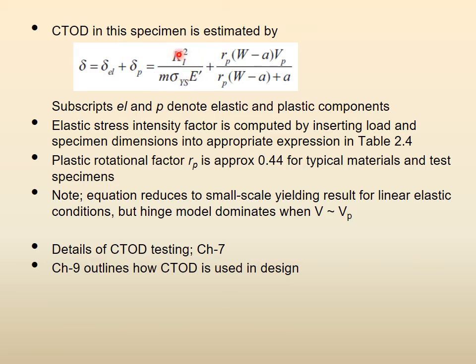So this equation, because we already have it, is the elastic portion, and the plastic portion is from here, where V is not the total V, it is only the V plastic. So r plastic, V plastic, W minus a, and so on, right? The elastic and plastic subscripts denote the elastic and plastic components.